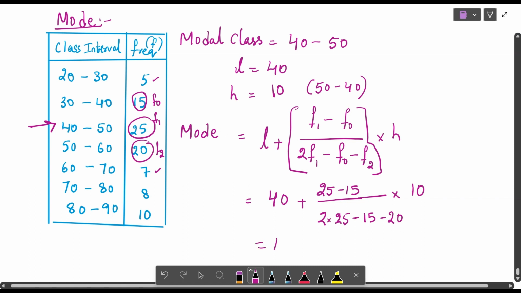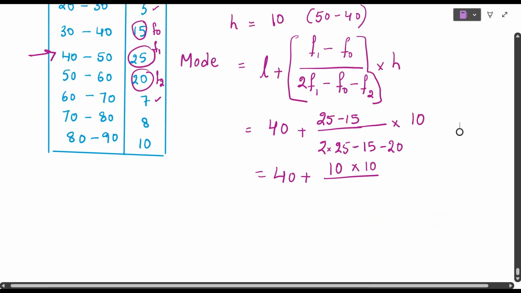That is equal to 40 plus 25 minus 15, how much? 10, into 10, whole divided by 2 into 25 which is 50. So 50 minus 15 minus 20, that is minus 35. That is equal to 40 plus 100 by 50 minus 35, that is 15.